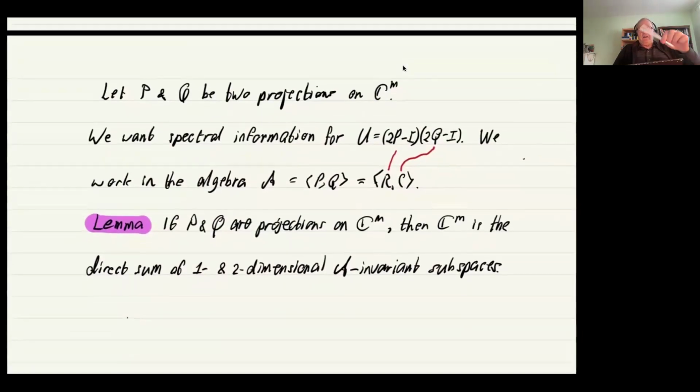Anyway, here's the summary. We've got two projections on n-dimensional complex space, and we want spectral information on U, which generates our discrete quantum walk, our two reflection quantum walk.